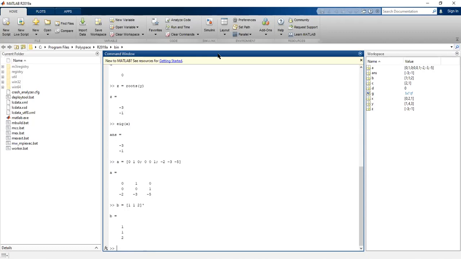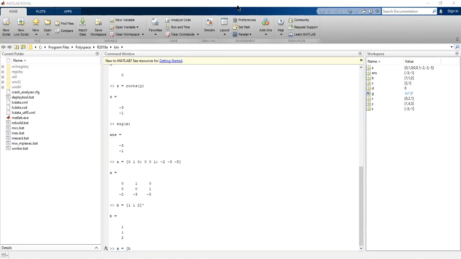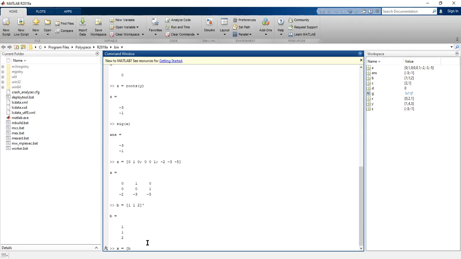So we're going to say X is equal to open bracket B, and then space, A star B, space, A squared star B, close the bracket.